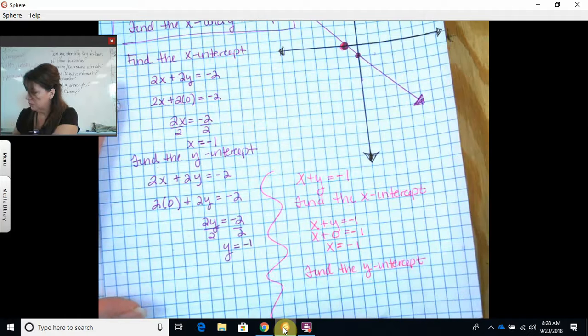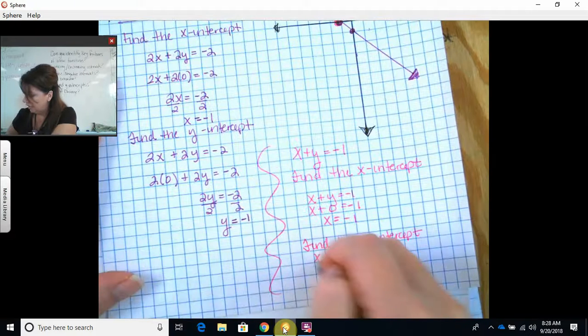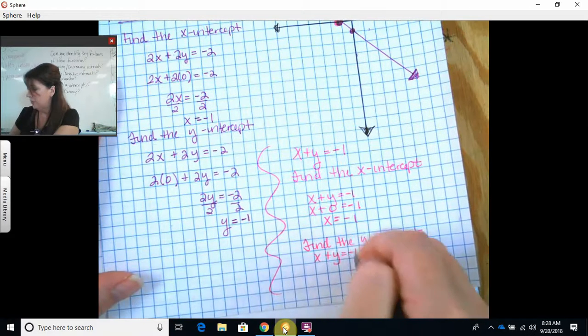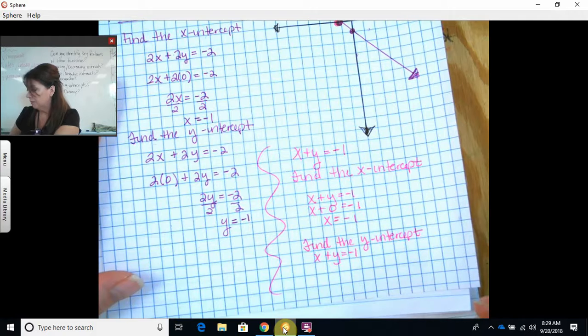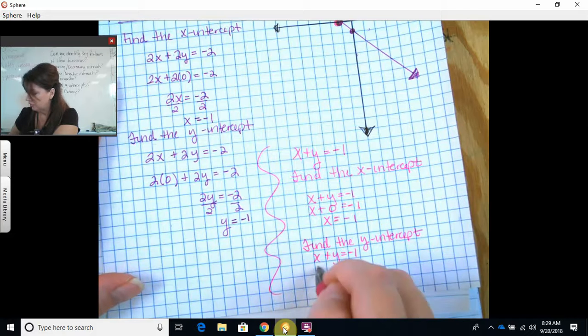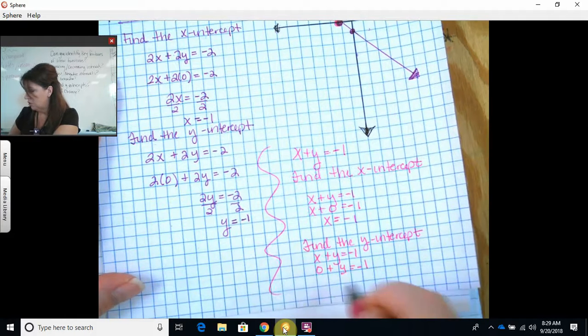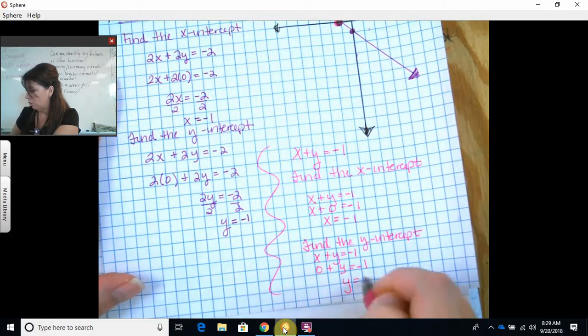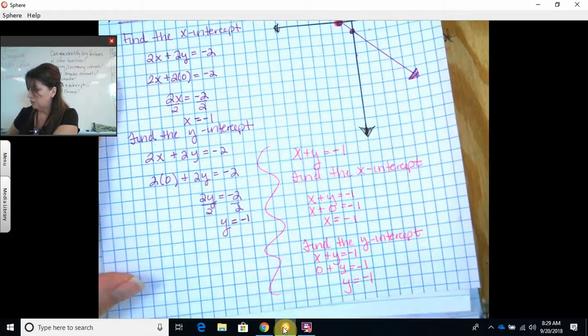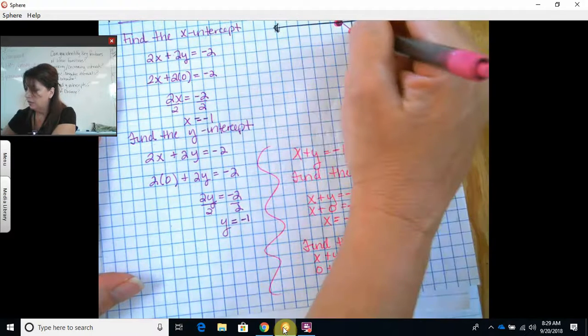So take your same equation, x plus y equals -1. And if we want to know the y-intercept, we substitute in a 0 for x. So y equals -1. Go to your y-axis, plot a point.